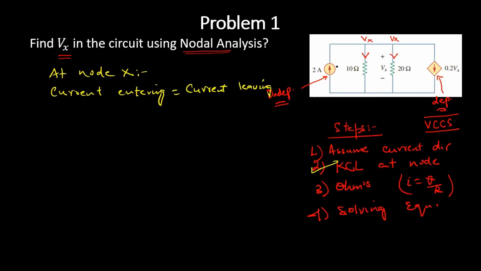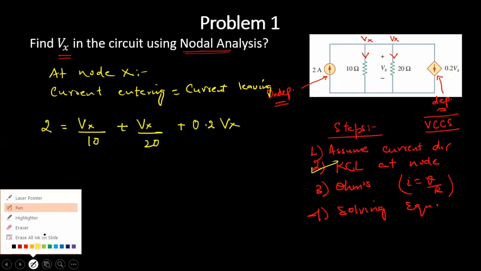You can see one current is entering the node and the others are all leaving. So 2 ampere is equal to Vx by 10, because it is in V by R form. Then we can write Vx by 20, and this current we can write as 0.2 Vx.